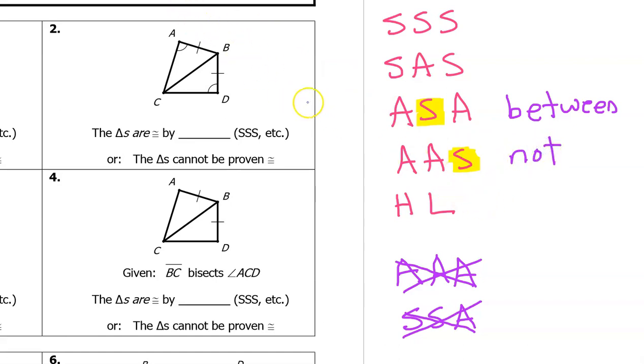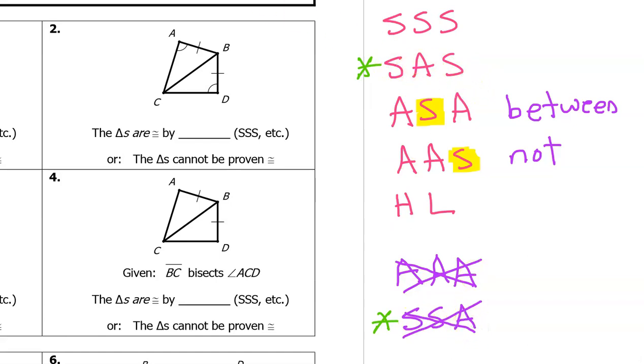And again, I want you to use that same thought process to differentiate between SAS and SSA. Both of these involve 2 sides and an angle.